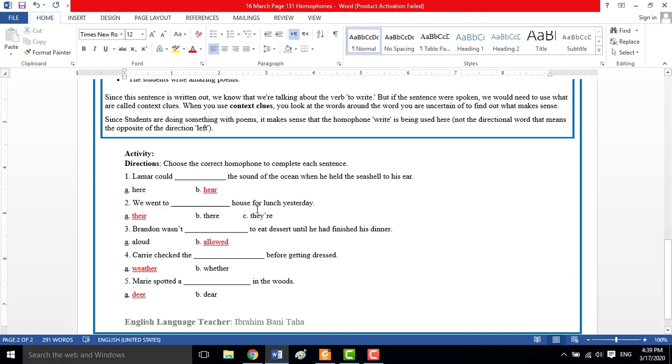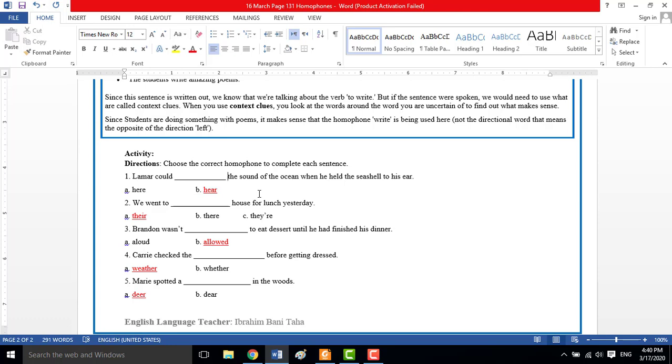Again, all in all, when it's written, it's normal in reading and writing, but when it comes to speaking and listening, you have to know the correct spelling and the correct meaning. The correct meaning will come from the context clues and from the sentence itself.